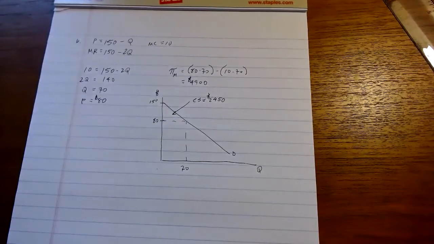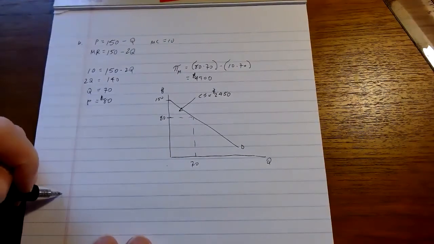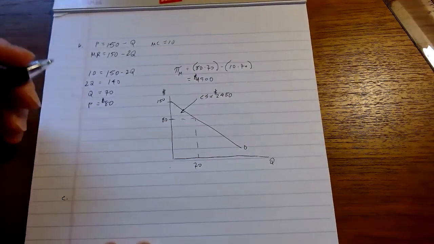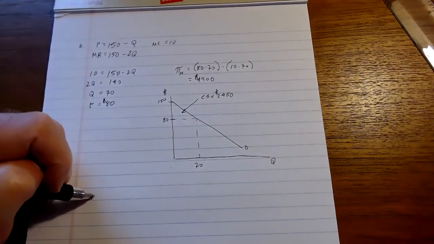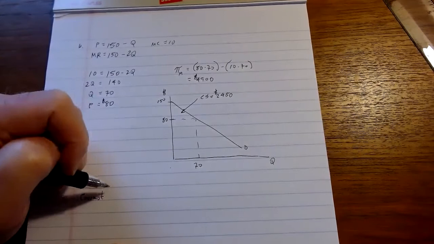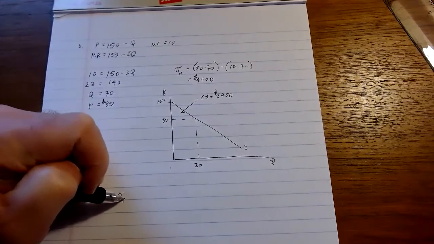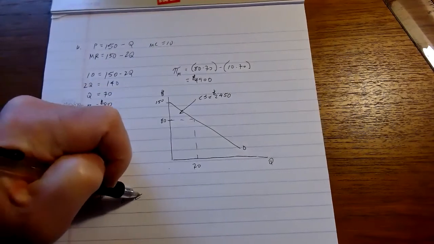Part C says, suppose that instead of merging, Bill considers buying Ted's operation. How much should he be willing to offer for Ted's operation? So how much would Bill be willing to pay for Ted's firm? Well, under Cournot, Bill's profit we found to be $2,500.